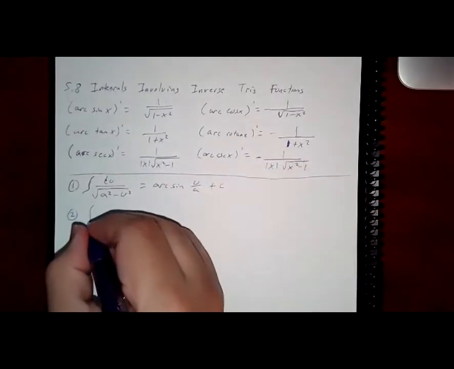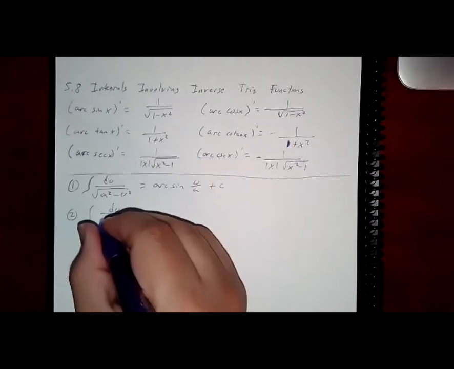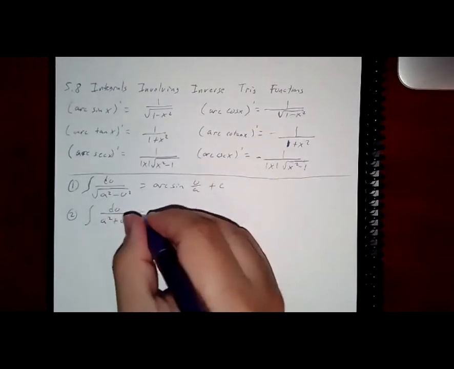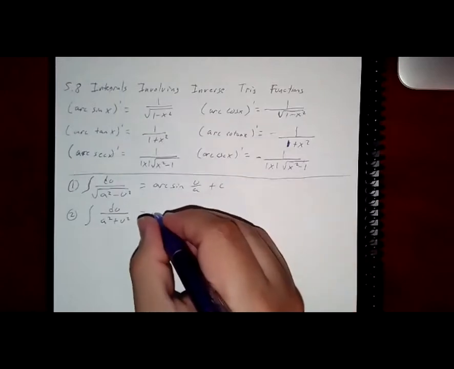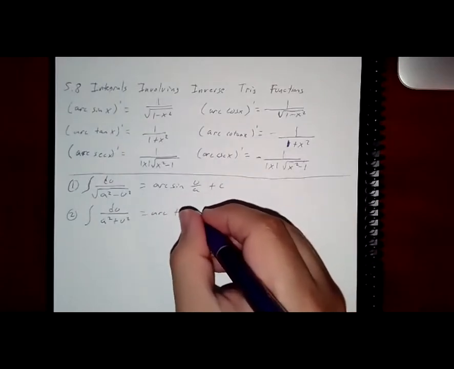Number two, the integral of du over a squared plus u squared is equal to 1 over a arc tangent of u over a.